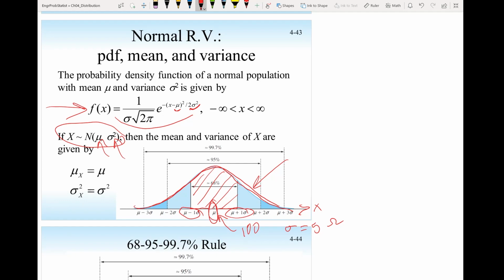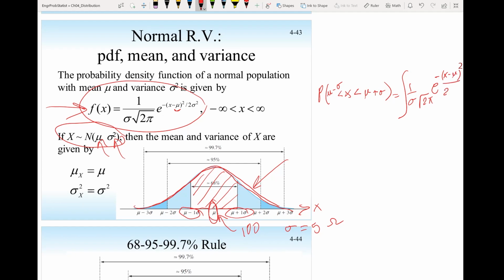So mathematically, for example, if I want to find what is the probability that the random variable x is between mu minus sigma and less than mu plus sigma, then this will be the integral of the density function, this one, 1 over sigma root 2 pi e to the minus (x minus mu) squared over 2 sigma squared dx.